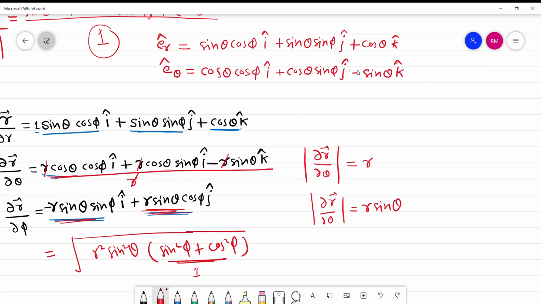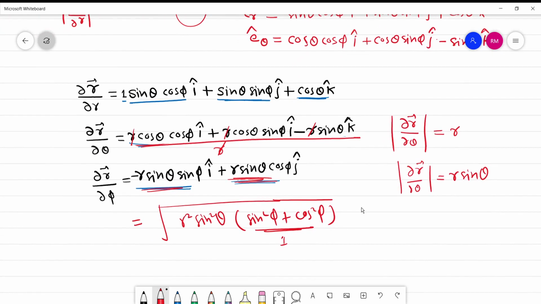Okay, similarly I want to obtain for e phi cap. So here I will write explicitly what I did. When I wanted to obtain e theta cap, I just divided this quantity by its magnitude, which is delta r bar by delta theta.